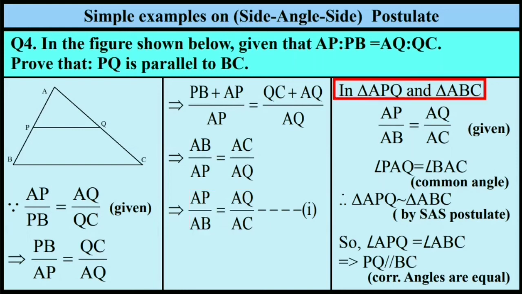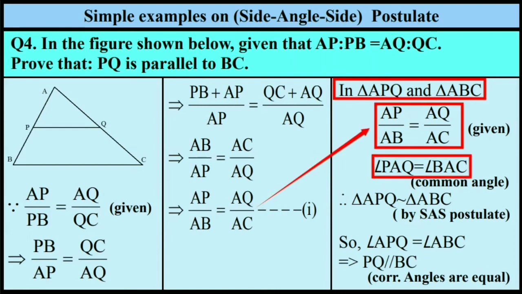Now in triangle APQ and triangle ABC, AP by AB is equal to AQ by AC, that's proved, and angle PAQ equal to angle BAC, and that is a common angle.